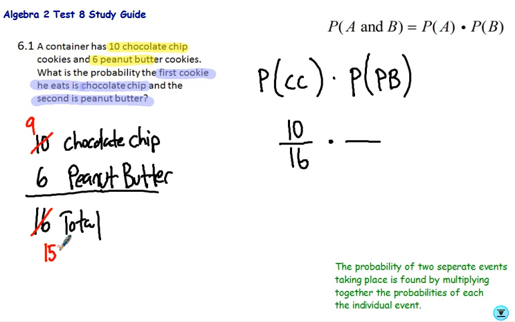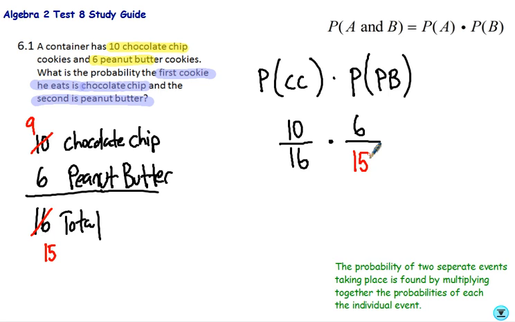So when the first one comes along, there's 10 out of 16. But then once one of those cookies gets eaten, now there's one less. So there's still 6 peanut butter because he didn't have peanut butter, right? So there's still 6 peanut butter, but what's different is that there's now 15 total, right?